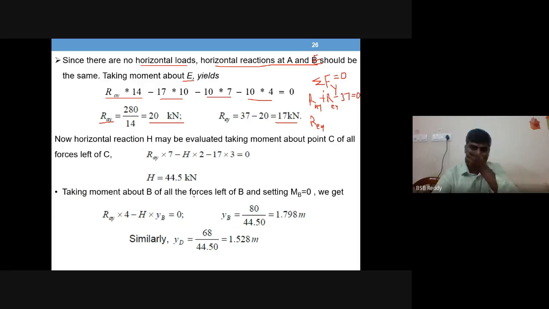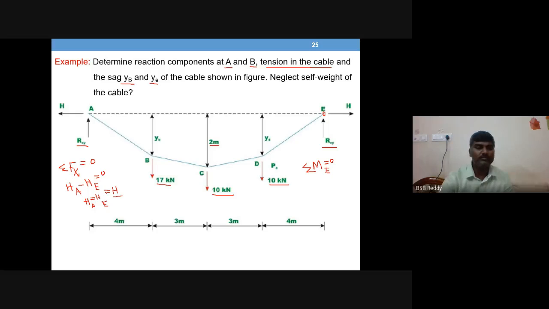Now you have got RAY value and REY value. Now to get the value of H, we have concluded HA is equal to HE. Not the value, so let's see how you get the value.